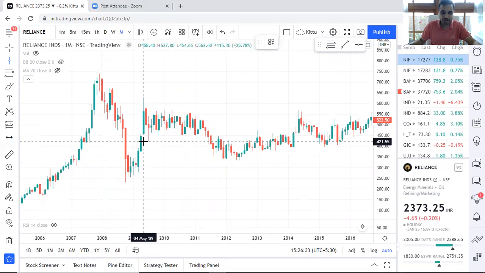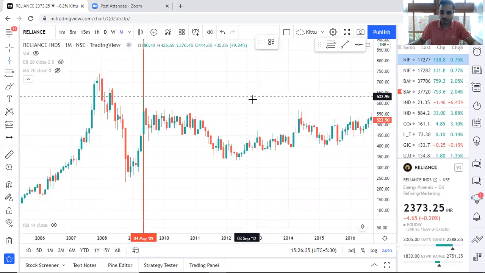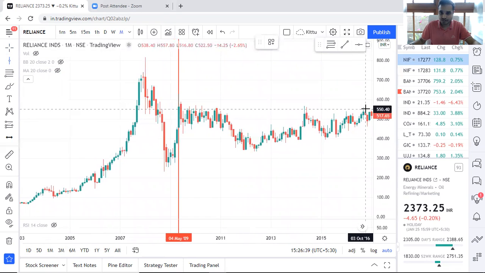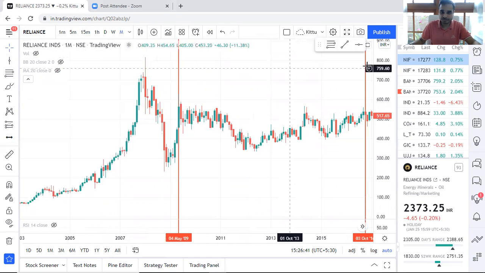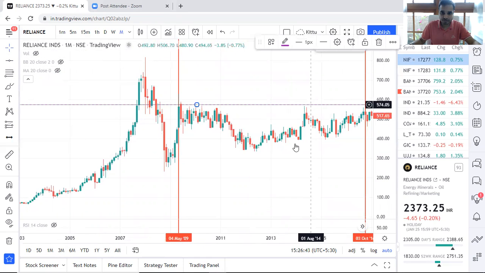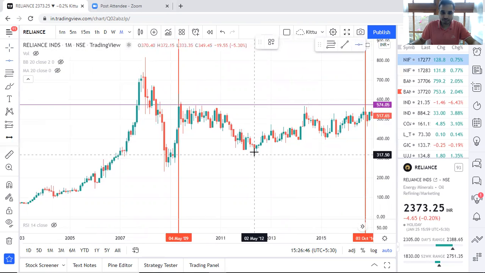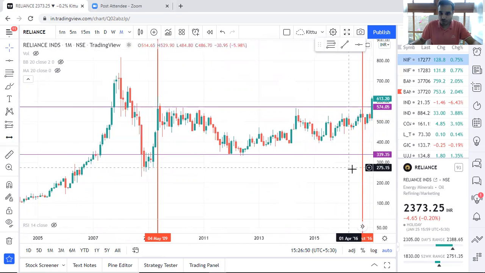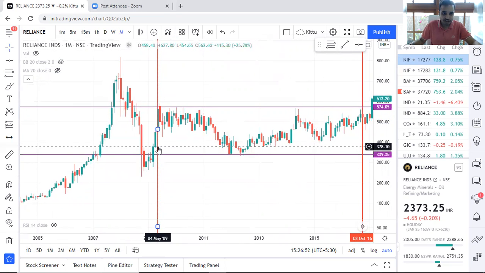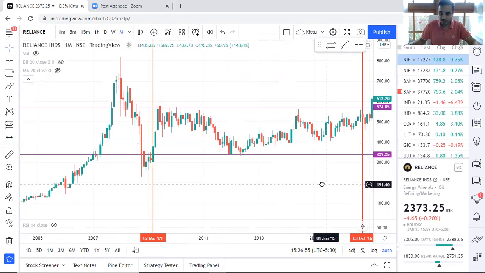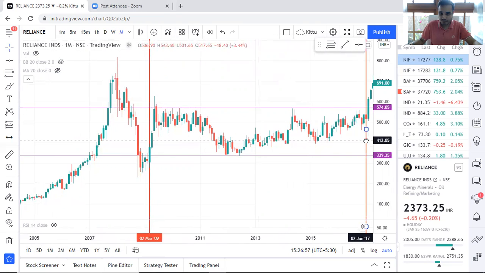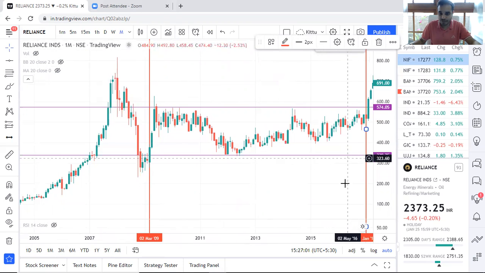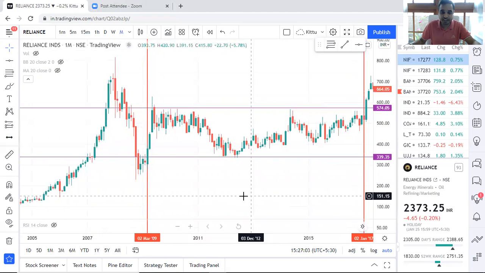From this area to this area, what's this? 2009 to almost 2016, 2008 crashed, 2008-09 to 2017-18. You can see here clearly 17.